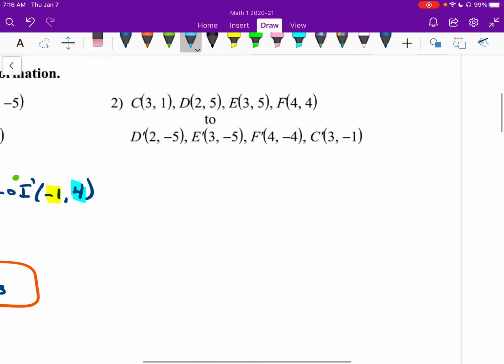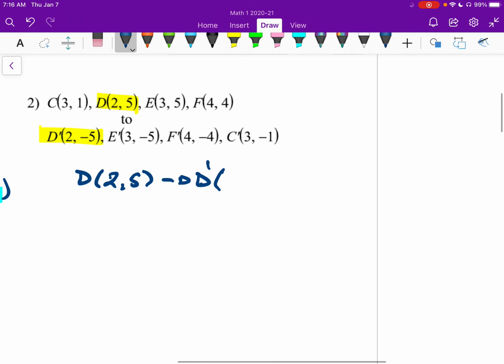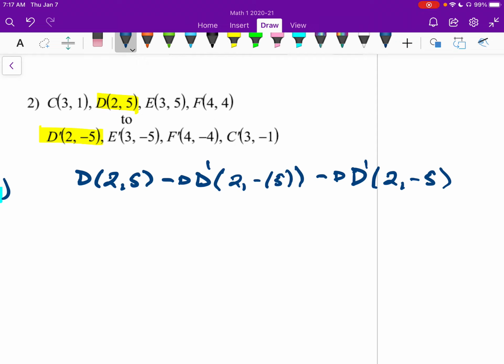All right, number 2. Again, we just pick one of the points. I'm going to use D. D is at 2, 5, and something happens. And D prime ends up to be 2, -5. So what happened? The 2 stayed the same, but the 5 turned negative. So the 2 stays the same, but then it's going to be like a -5 there, right?